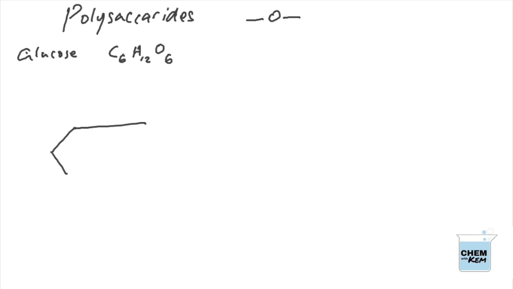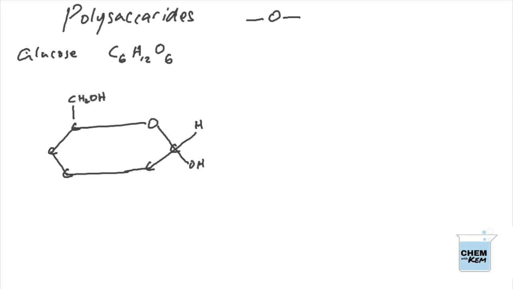I haven't drawn this in a while. So where we have those lines joining, we have a carbon. So there's a carbon here, there's a carbon here, there's a carbon here, there's a carbon here. And then here we have another carbon, and then there's one here, CH2OH.